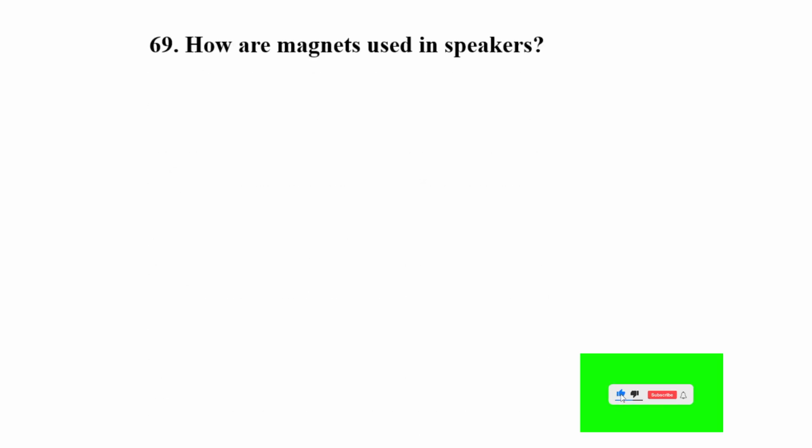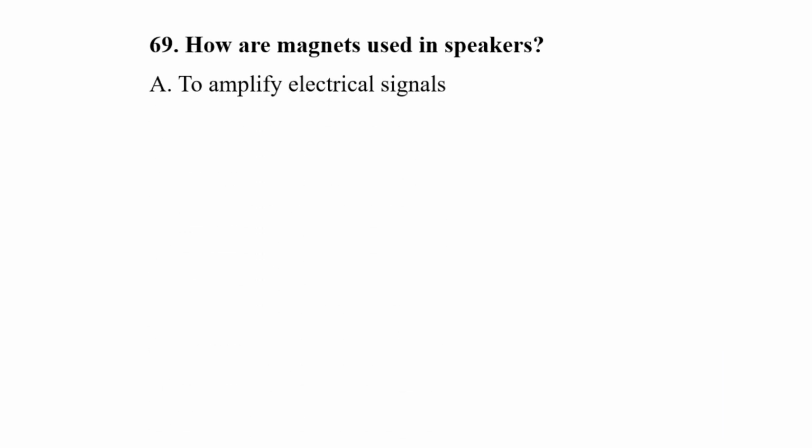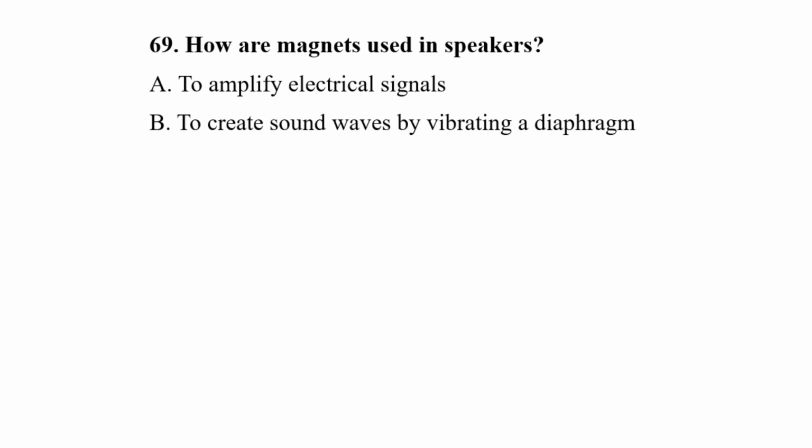Question number 69. How are magnets used in speakers? A, to amplify electrical signals. B, to create sound waves by vibrating a diaphragm. C, to produce heat for the speaker.